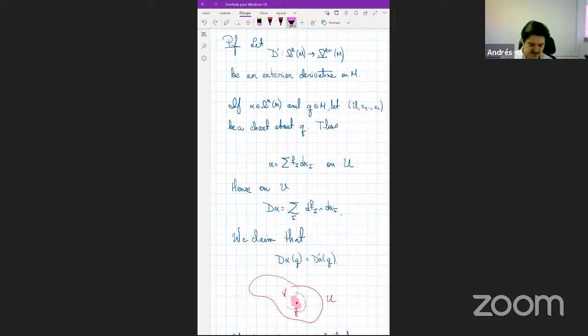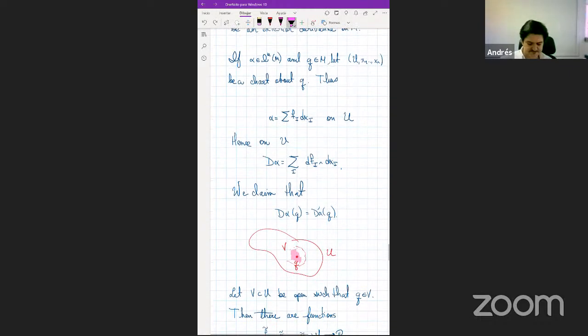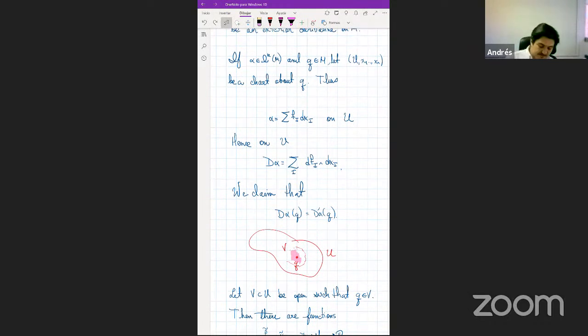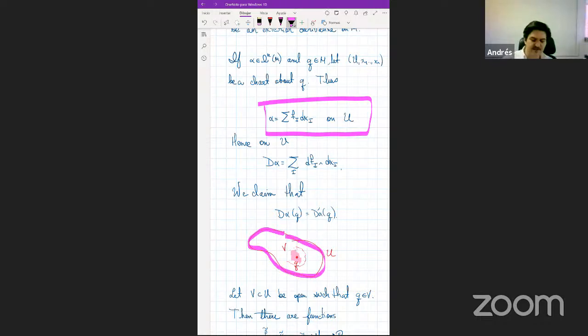So I have Q. I take a neighborhood of Q inside of U. Now, this is on U. So here I have defined the functions fi and xi are only defined on the open set U.